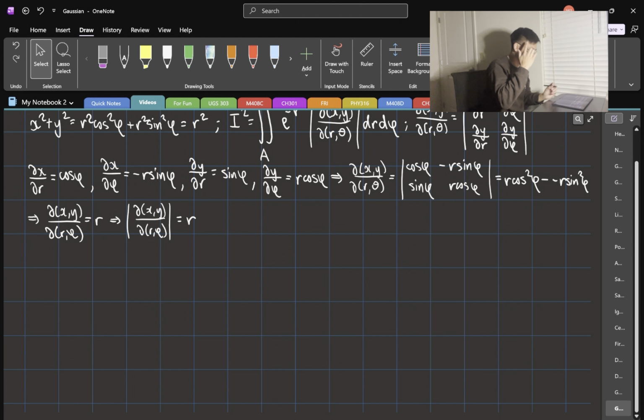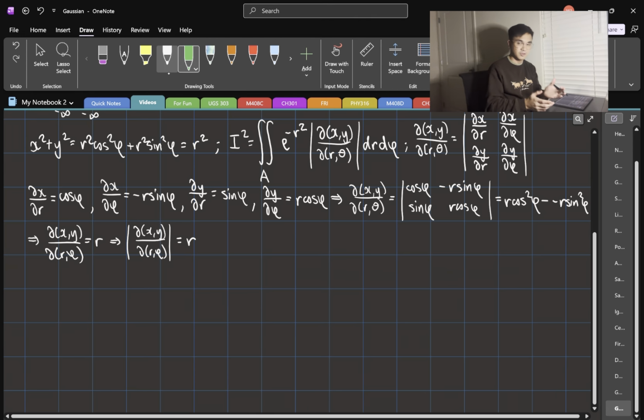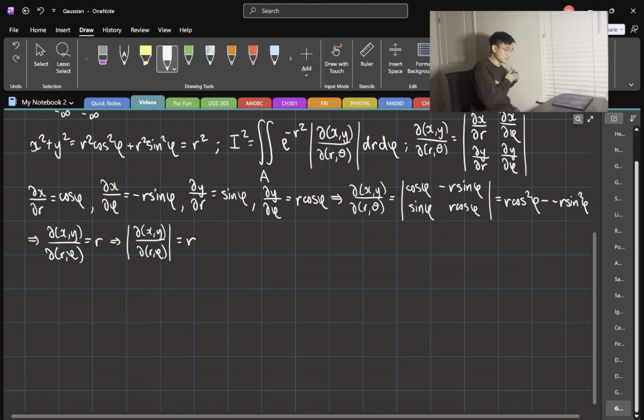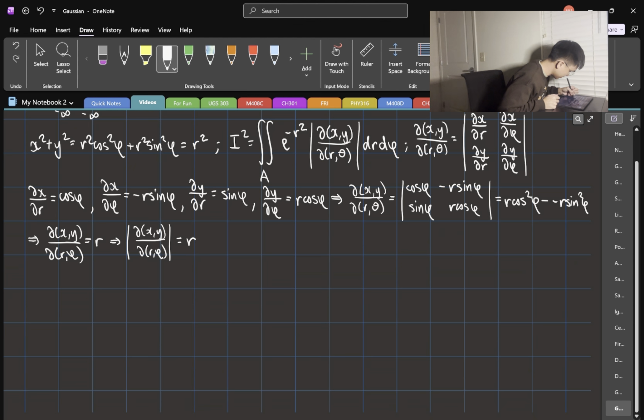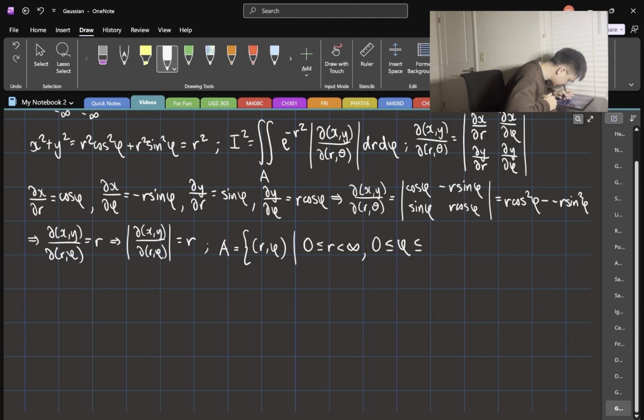I want you to visualize this because it really helps you internalize what we're doing to the limits. So r goes from 0 to infinity, and then sweep that all the way around 2 pi. In other words, our new area, A, is the set of all points r, phi such that r goes from 0 all the way to infinity, and phi subtends one full rotation, from 0 to 2 pi.